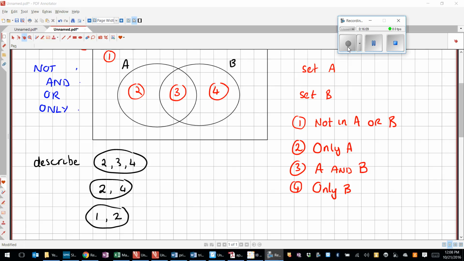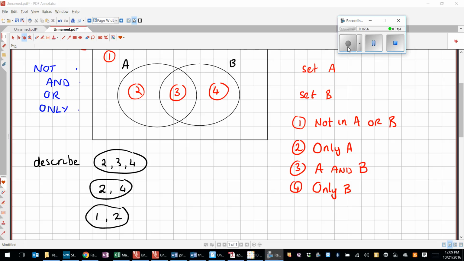So region 1 would represent not in either set, and region 2 would represent only set A. So we would say 1 and 2 would be not in set A or B, or in set only A.